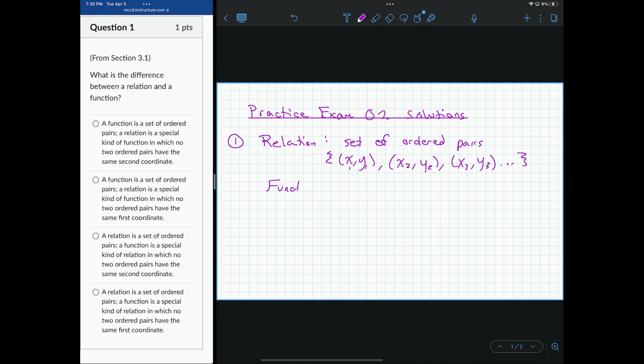A function is a relation, but there is a restriction. The restriction is no repeats on the first term. No repeats for the first number in the pair.